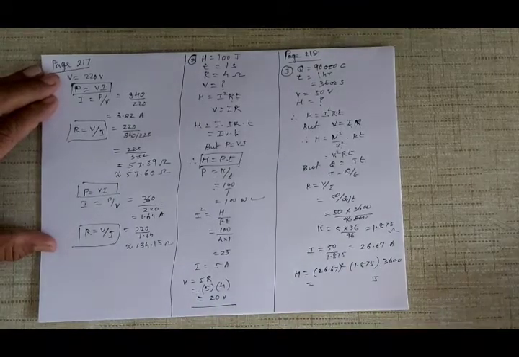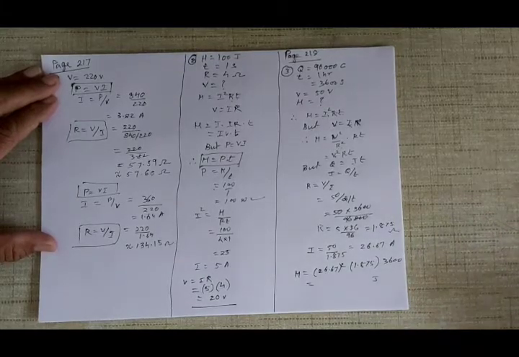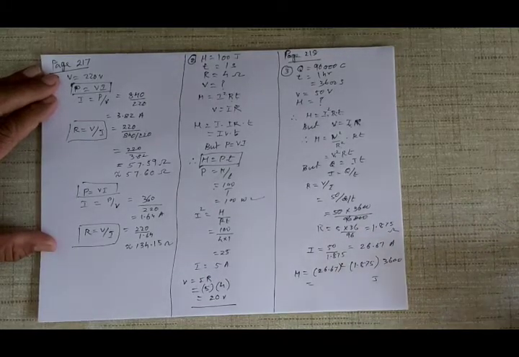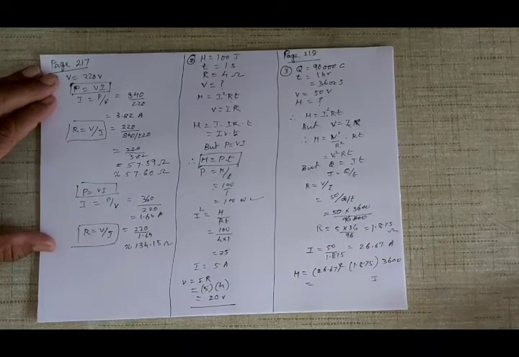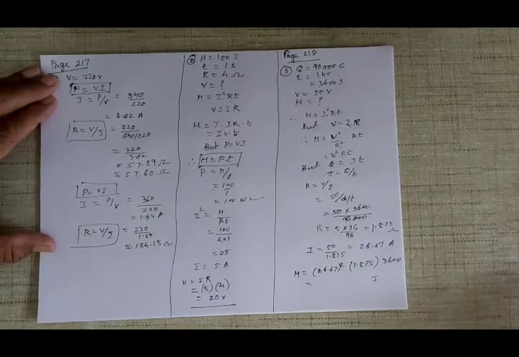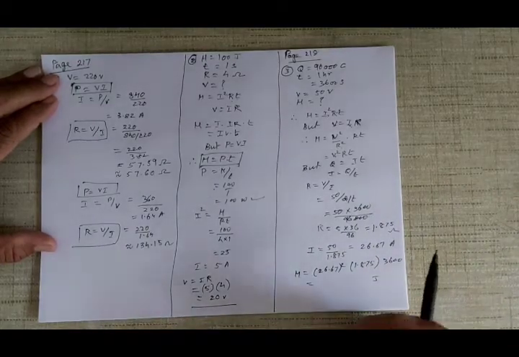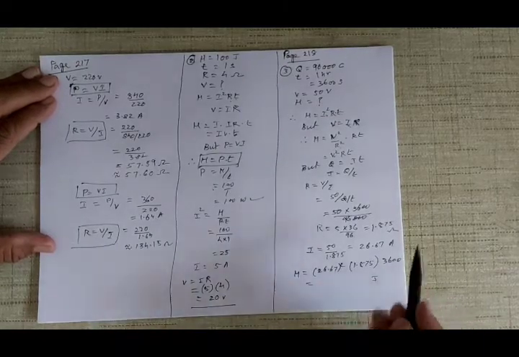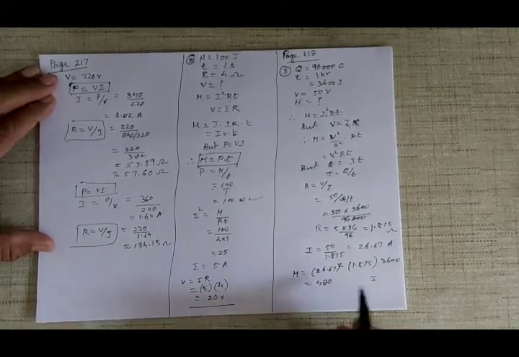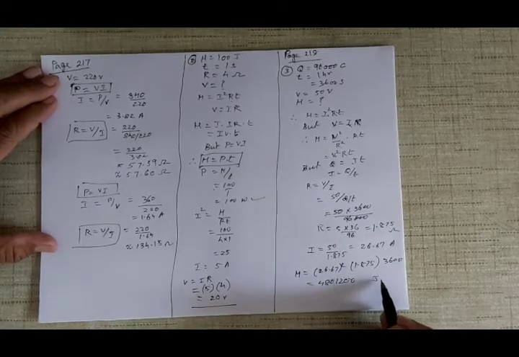So let us see this now. 26.67 into 26.67, and then multiply with 3600, and then multiply with 1.875, and that comes to 4801200 joules.